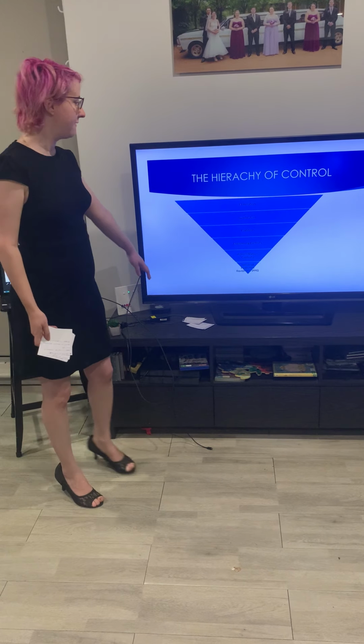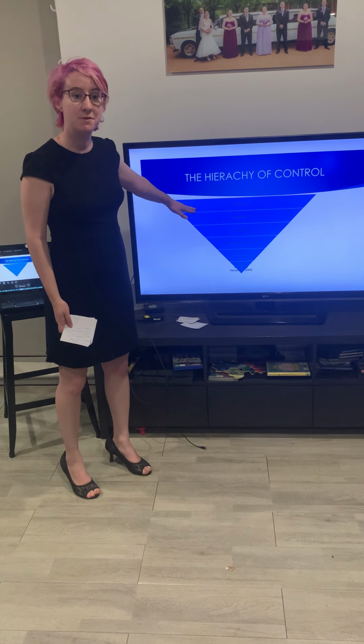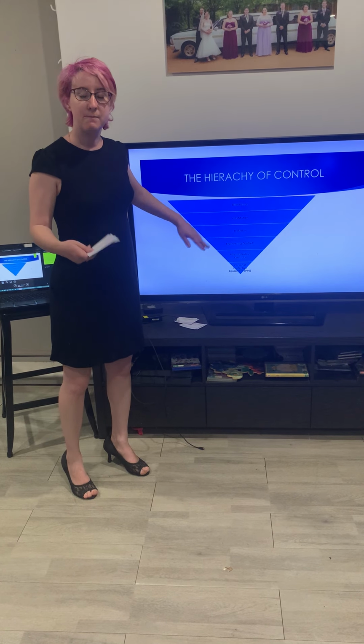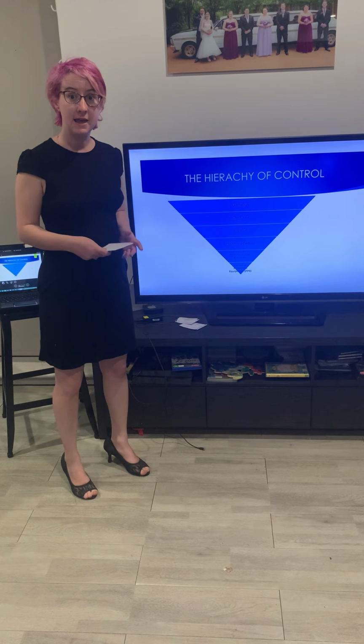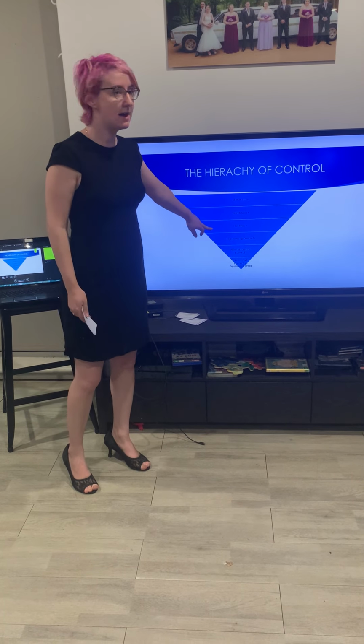And speaking of, here we have the hierarchy. Elimination. If the hazard can be removed, remove it. Substitution. If a piece of equipment or piece of PPE is working ineffectively, replace it. Isolation.